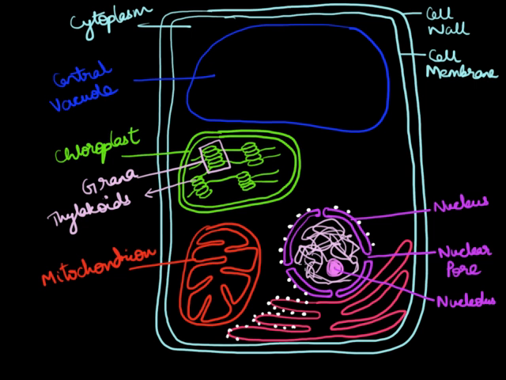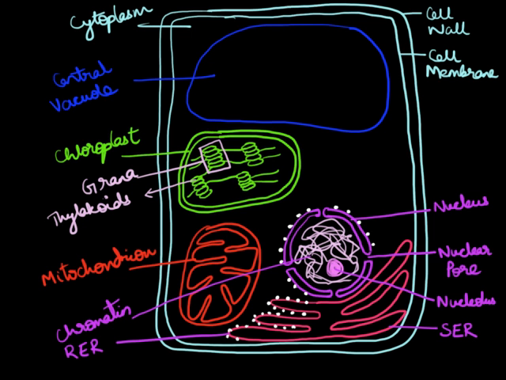And this squiggly line is the chromatin material. And this part is the rough endoplasmic reticulum. This part is the smooth endoplasmic reticulum.